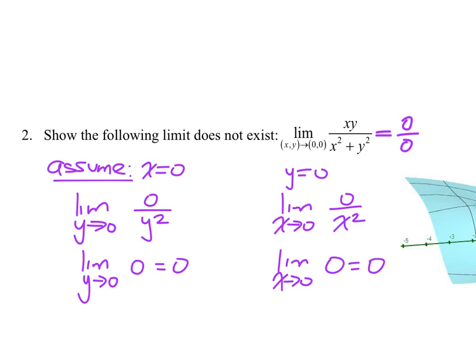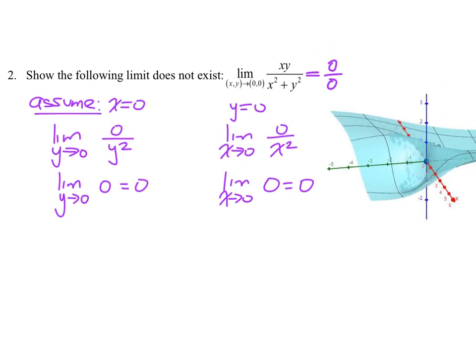You could also do your direct substitution and get 0 over 0 again in both cases, in which case you're like, well, that did nothing. Either way, I'm trying to show a limit does not exist, and I just showed 2 cases where it might actually exist. So what I need is something that's going to allow me to show that it does not exist by giving me values that are different from 0.